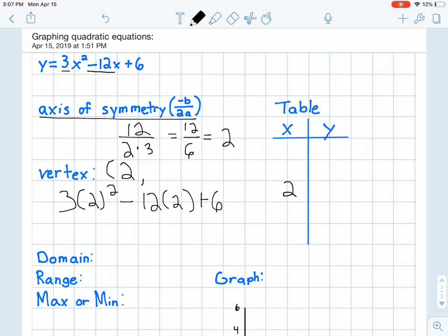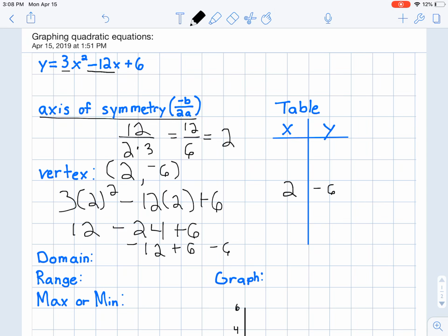So 2 times 2 is 4, 4 times 3 is 12, 12 times 2 is 24, so 12 minus 24 is negative 12, plus 6 is going to give me negative 6. So either my highest or my lowest point in this graph is going to be at (2, -6).